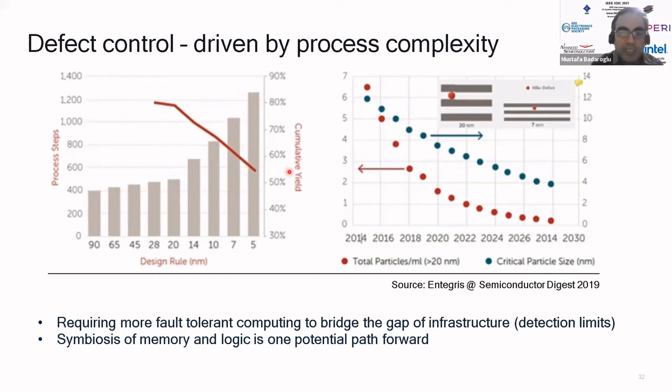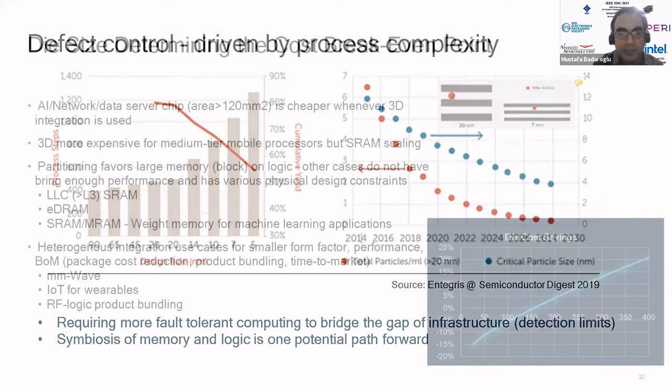Therefore the yield is dropping, and metrology to screen the particles to improve the D0 level in the fab is getting very, very difficult. So putting a lot of things into the memory, exploiting redundancy and reducing the chip area by decoupling the memory is a strong motivation to improve the yield.